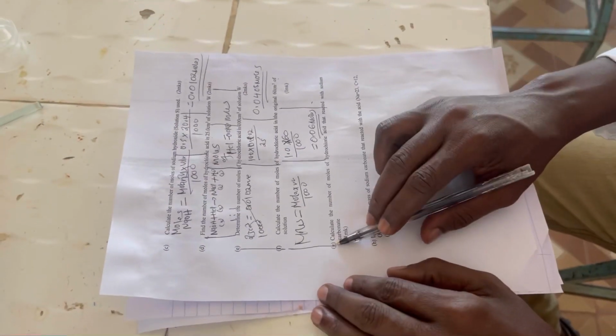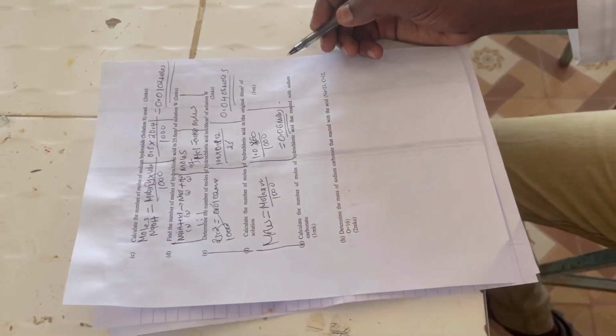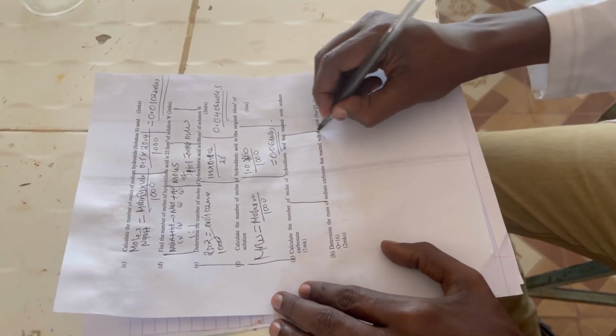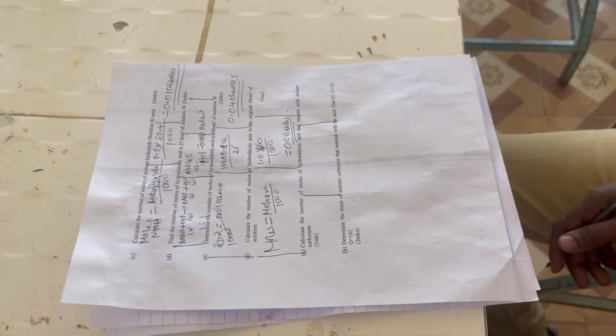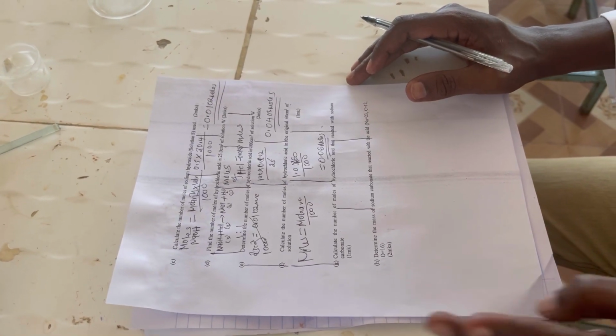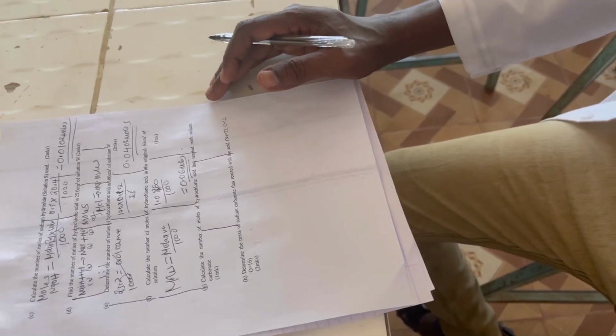Now question G: calculate the number of moles of the hydrochloric acid that reacted with the sodium carbonate. Remember, the hydrochloric acid reacted two times. One time it reacted with the base, and another time it reacted with the carbonate. We have the original moles of the hydrochloric acid now.